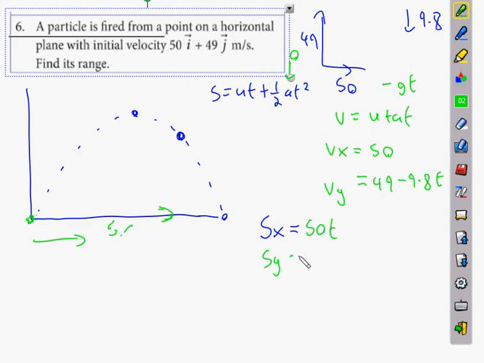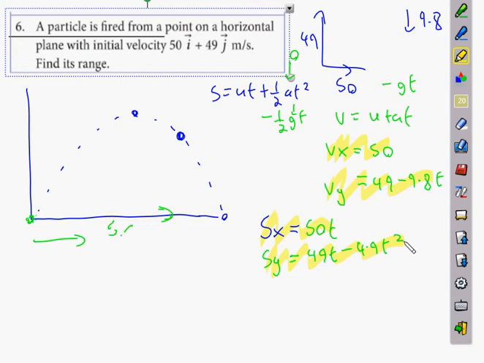Sy is ut, where u is 49 in the y direction, and then minus a half gt squared. Please remember g is 9.8, a half of 9.8 is 4.9, so minus 4.9t squared. Every single time you do these questions, you usually will use all four equations. Sometimes you won't. G is working against it, going downwards, okay?